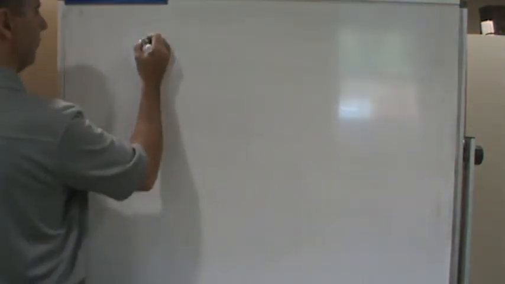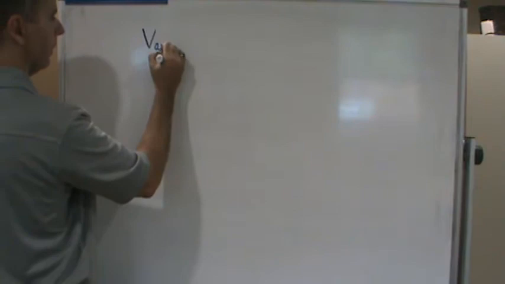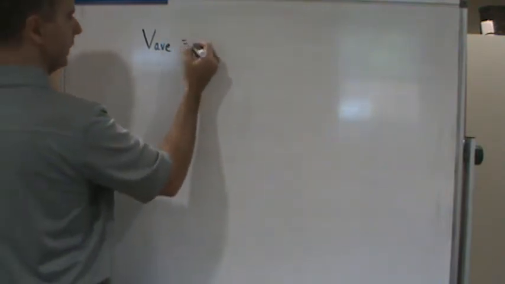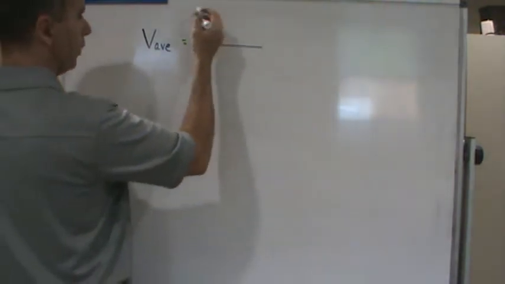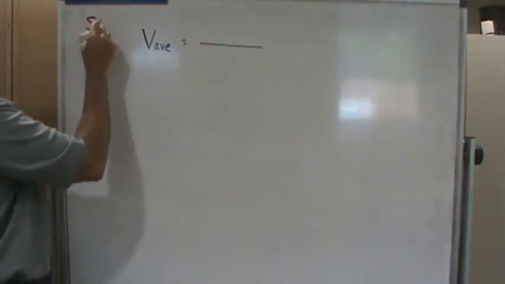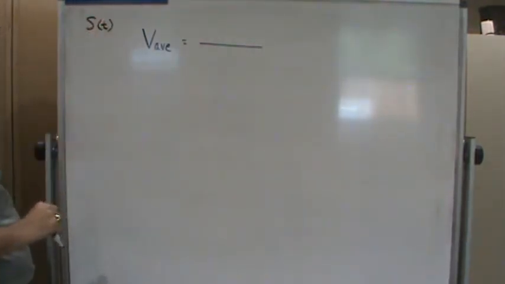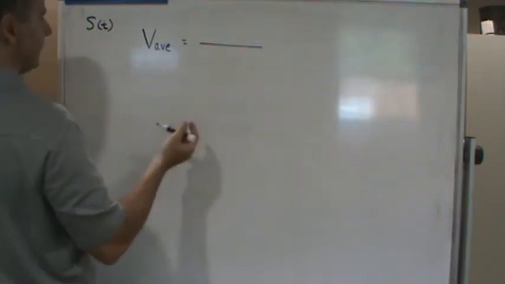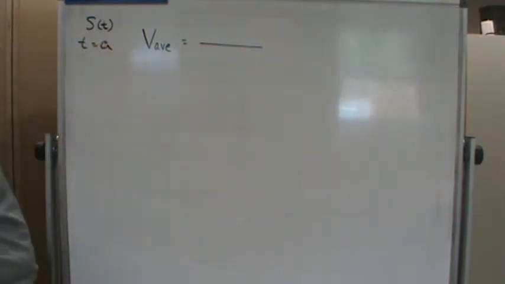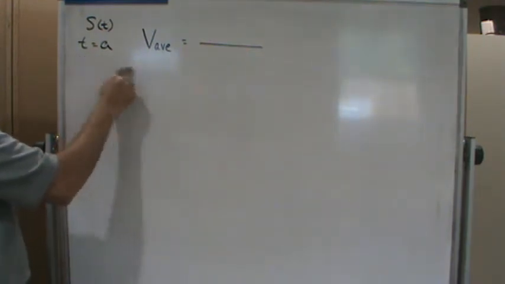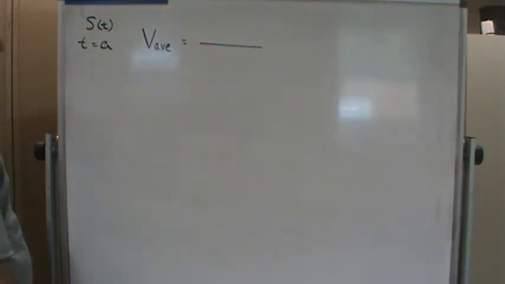So if we look at average velocity, again, it's a change in position. We're going to use s of t as a position function, and let's say we're looking at t equal to a, and we want to know what the instantaneous velocity is.